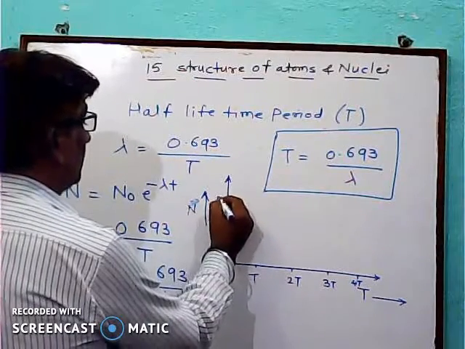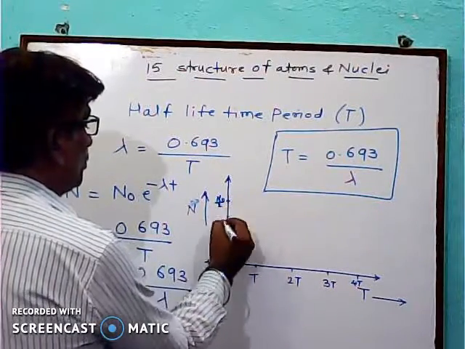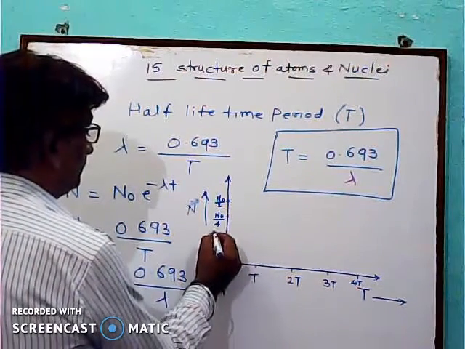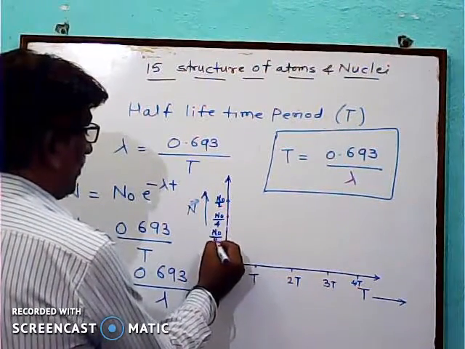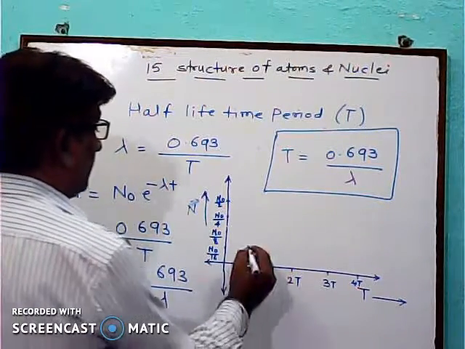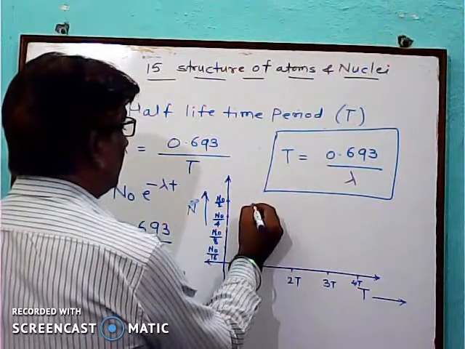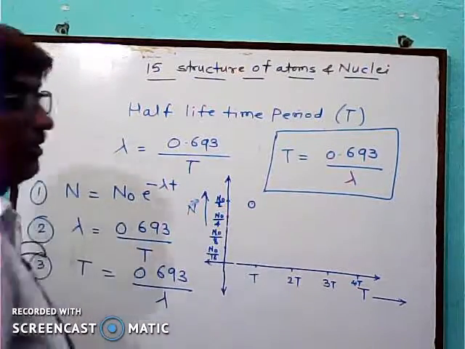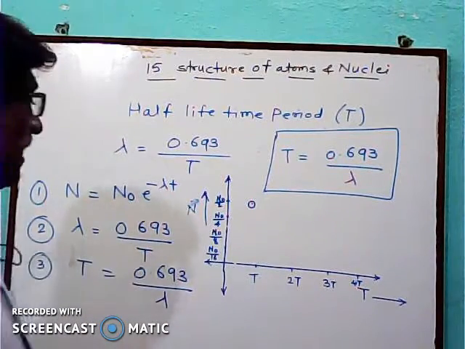Here N0 upon 2, N0 upon 4, N0 upon 8, N0 upon 16. What happened? For time period T, the atoms, or substance, will be reduced to half.